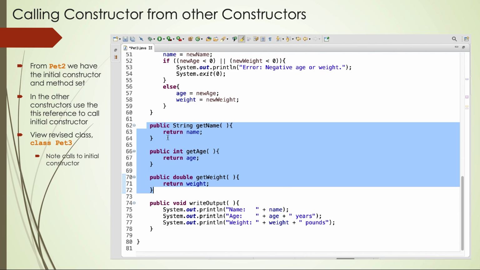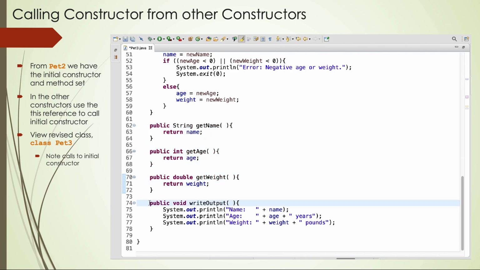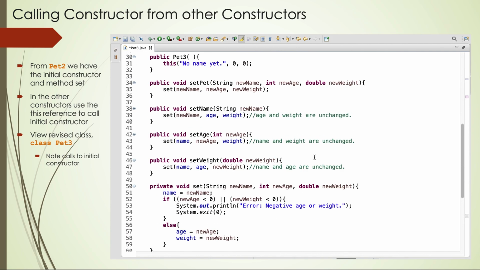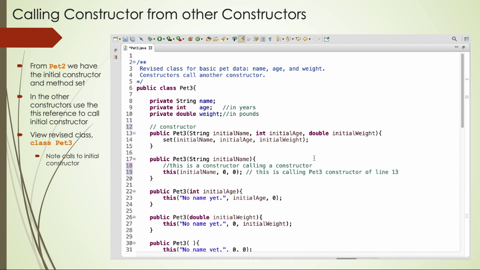So all these methods were the same as the Pet class that we had before, and also writeOutput. This is a very good example of how to call a constructor inside another constructor and how we can write our classes in a professional way.